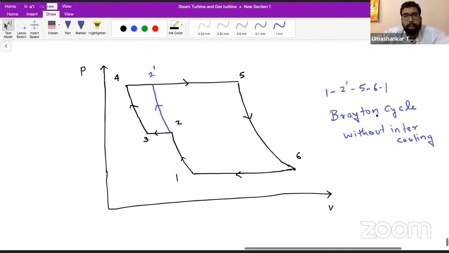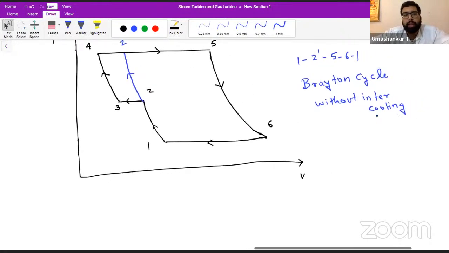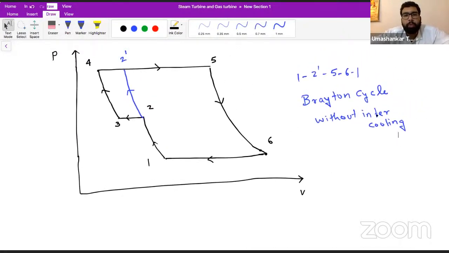Okay, in one stage. If we compress from 1 to 2 dash directly, this much work will be required, because you know from our general thermodynamic concept that work done in an open system is minus VdP.